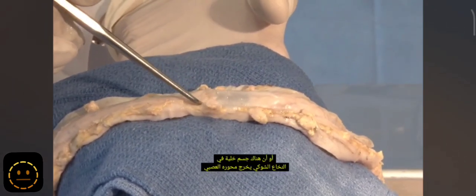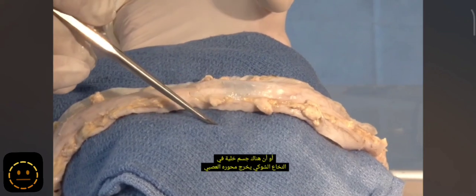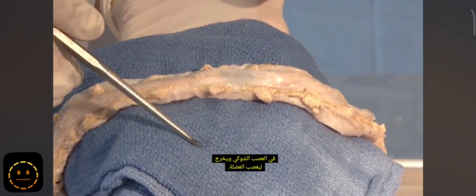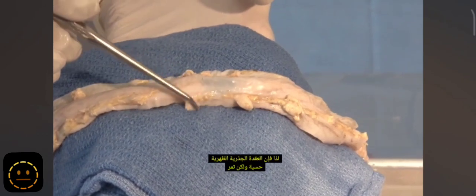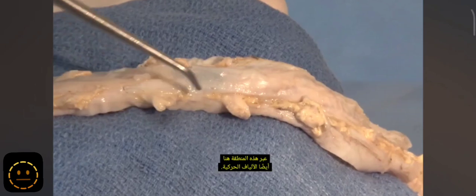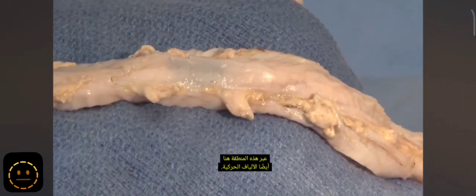Or there is a cell body in the spinal cord whose axon emerges in the spinal nerve and goes out to innervate the muscle. So the dorsal root ganglion is sensory, but passing through this region here are also the motor fibers.